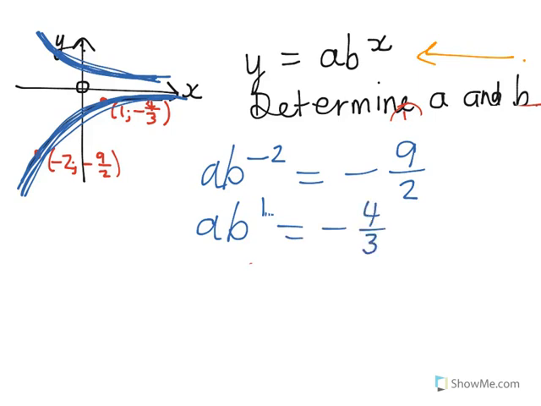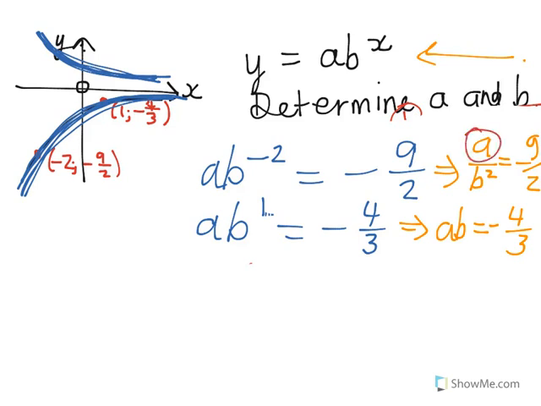And so you have basically ab is equal to negative 4 over 3, and over here you've got, you could write it however, a over b squared is equal to 9 over 2. And so what some of you then did was you isolated, for example, a in both equations.